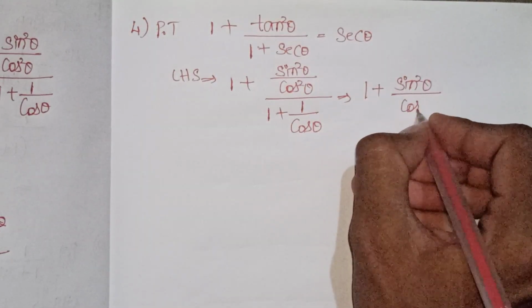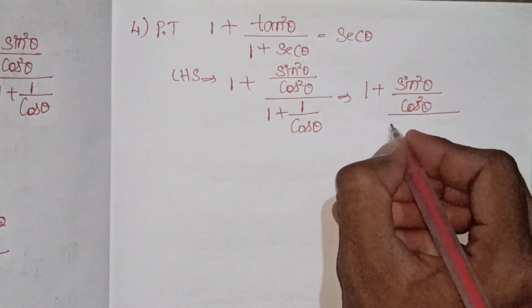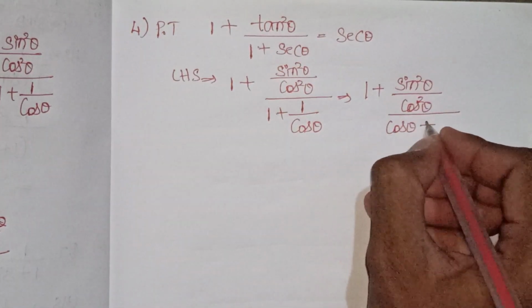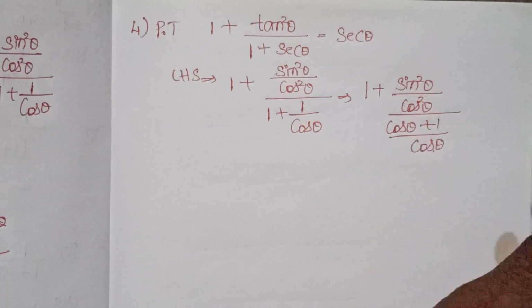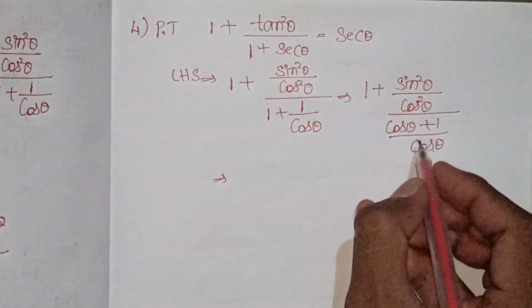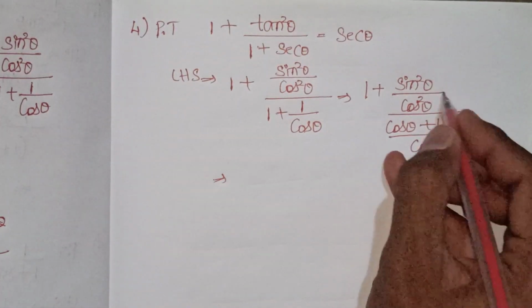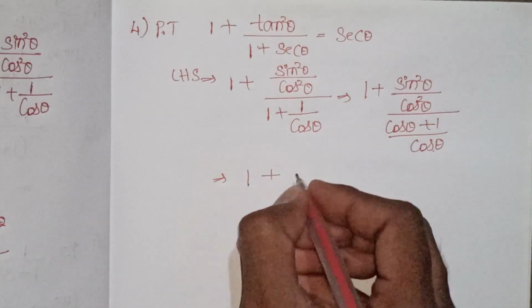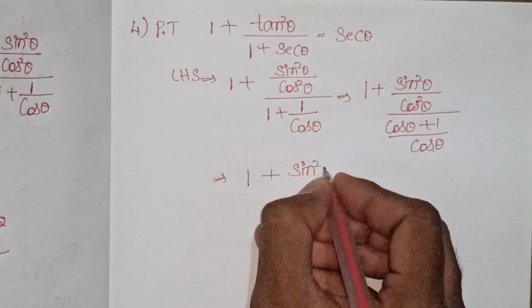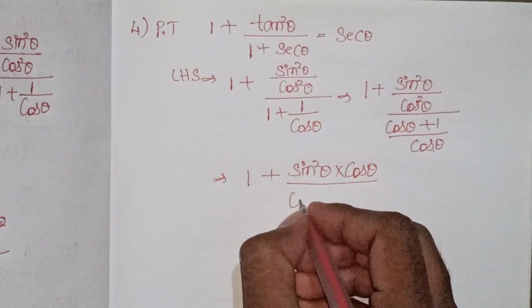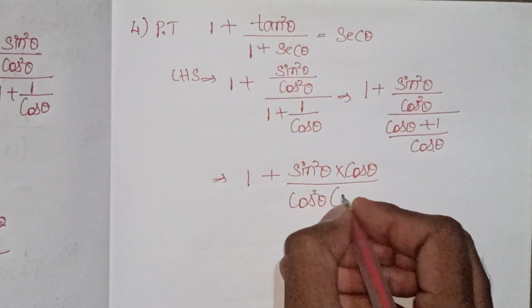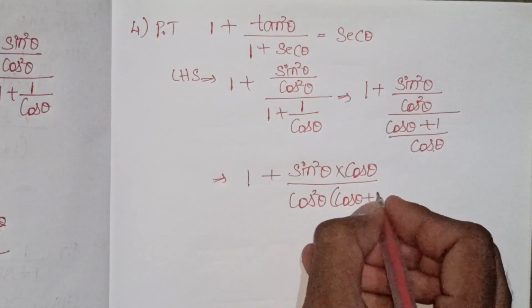In the denominator, we are taking LCM, that is (cosθ + 1)/cosθ, and it can go to the numerator, and this cosθ will be sent to the numerator, that is (1 + sin²θ) into cosθ divided by cos²θ into (cosθ + 1).